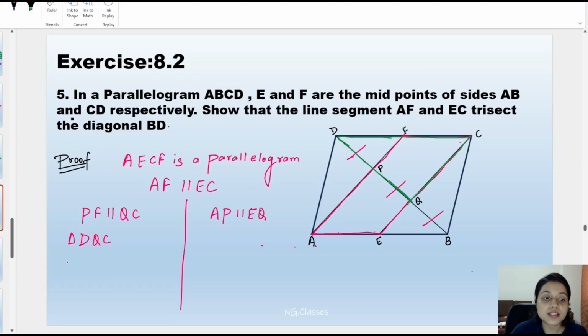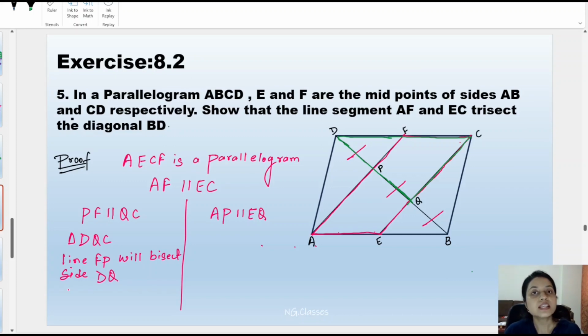So line FP will bisect side DQ of triangle DQC. Since FP is bisecting DQ, we can write that DP is equal to PQ. Let's call this equation 2.